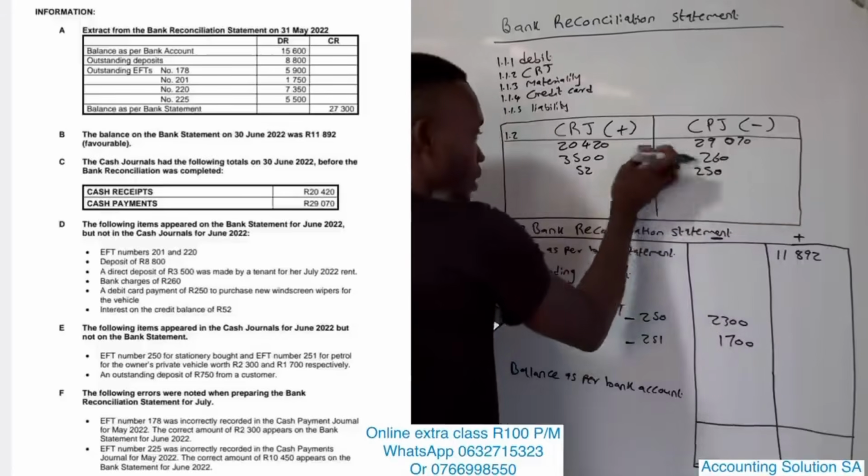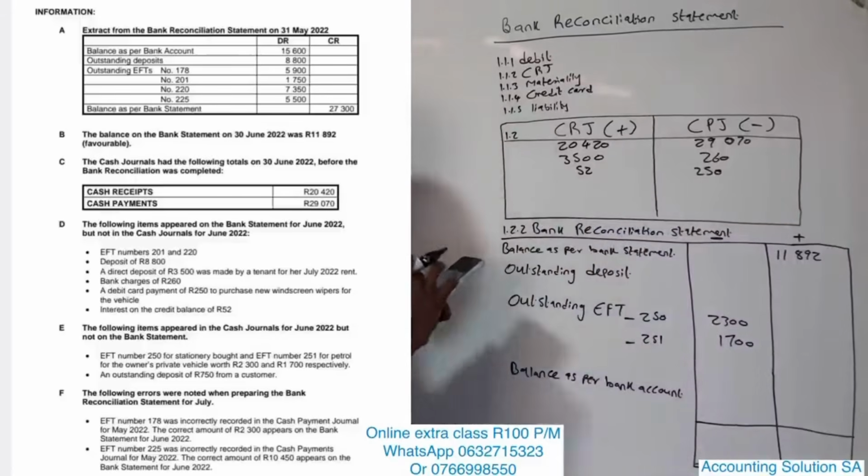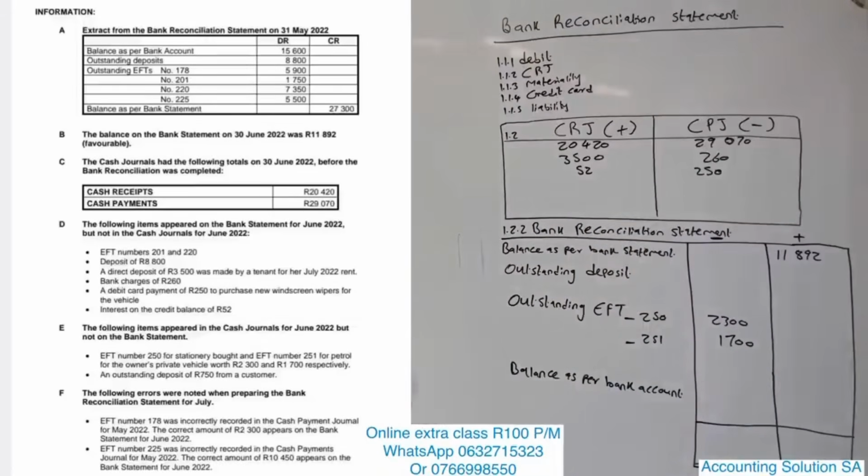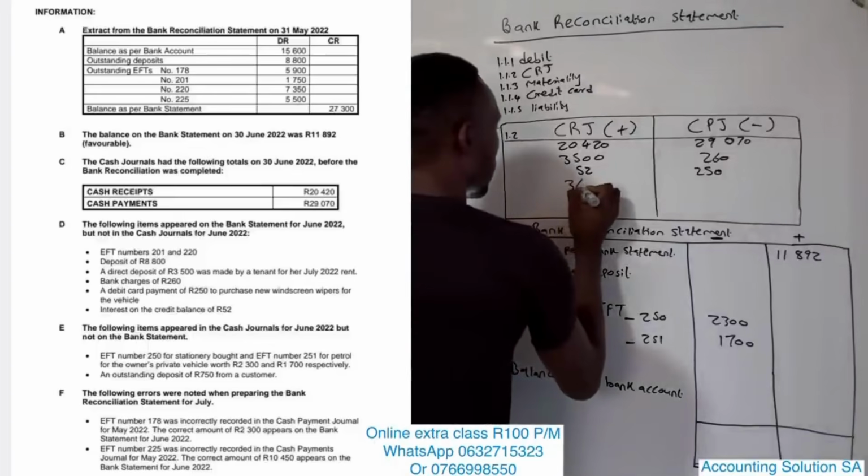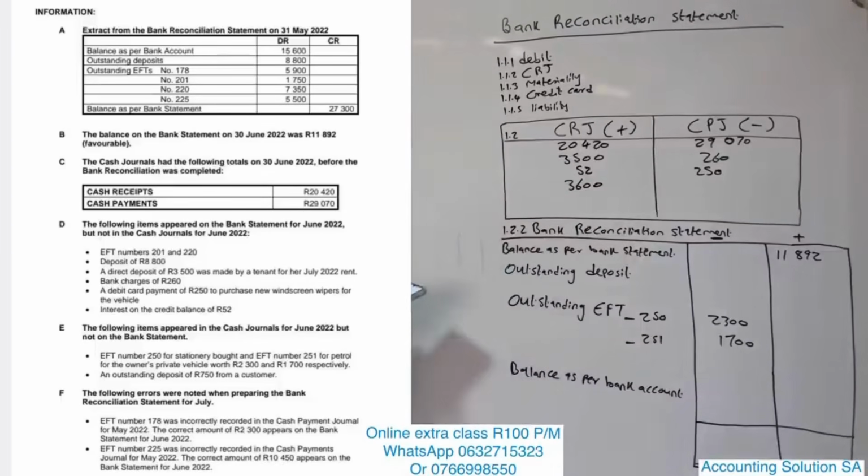When we reverse, it must come to this side. Let me calculate: 5.9 minus 2.3 gives us 3.6.